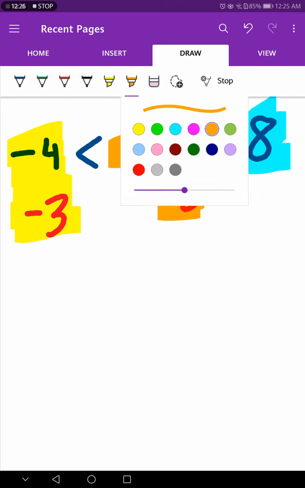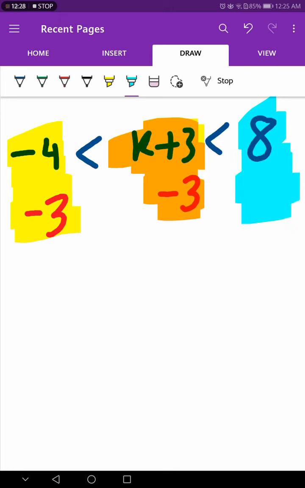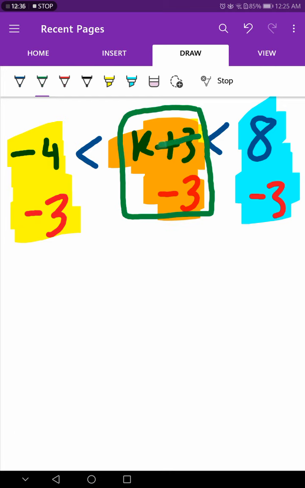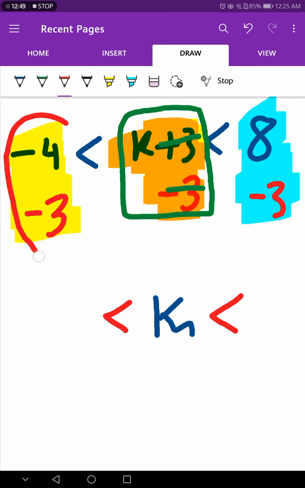And let me change the color for the 8. Now in the middle here, this guy with this guy is eliminated, and the k comes down. And watch what happens on the left and on the right. Here two negative numbers, so it is -7.